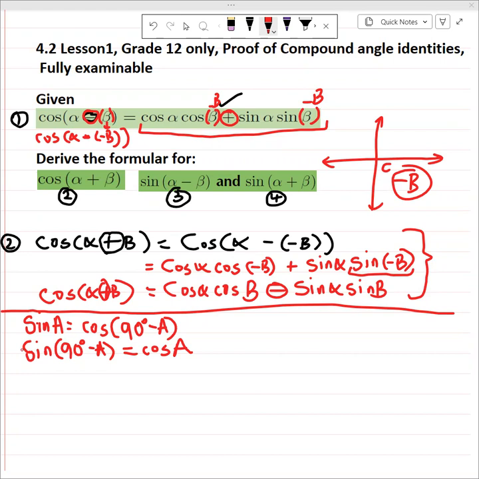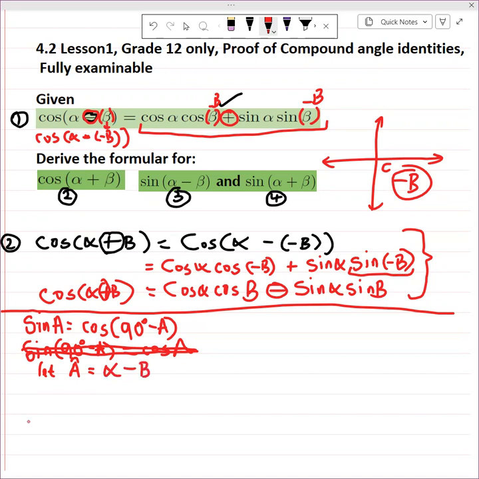Now we're going to use this idea. This one I was just showing you, so I'm just going to erase it, but it's also important. So now here, we're going to use this one. But we're firstly going to let angle A be equal to those two angles there. So let it be alpha minus beta.